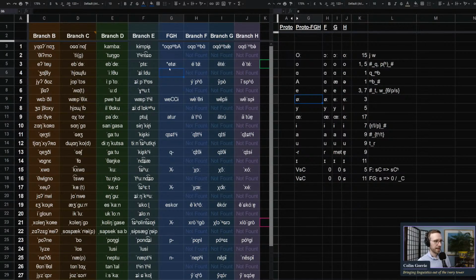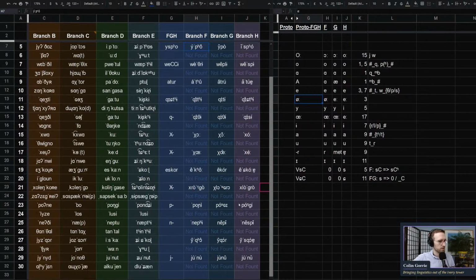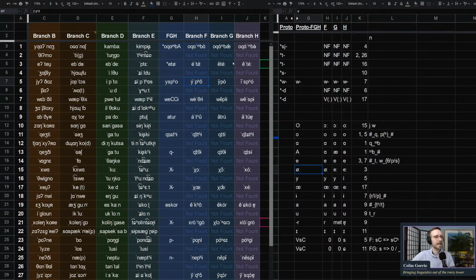So we have something like ete. And similarly here we have something like ispo. No, ispo, I think. Because what did we say? If it's got aspiration in H, then it probably had it in the proto-language. I think that's it.